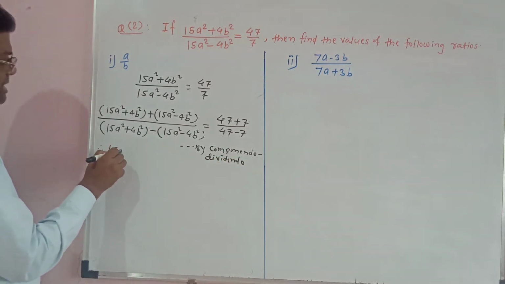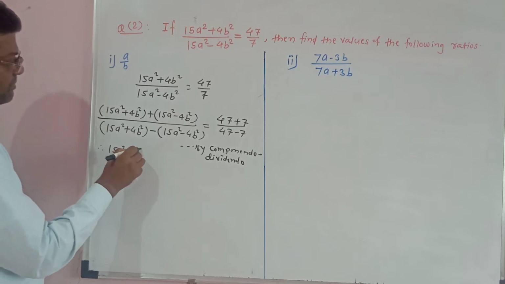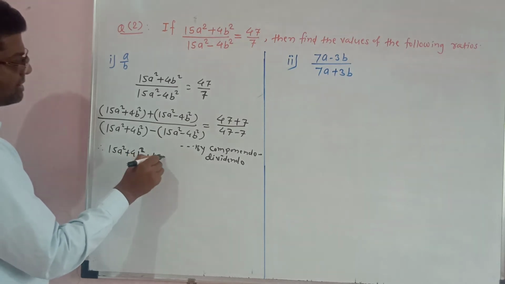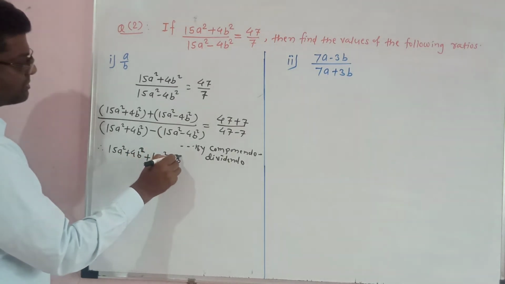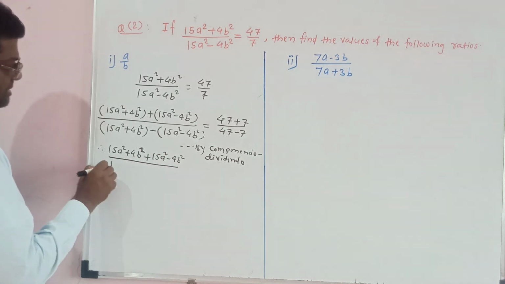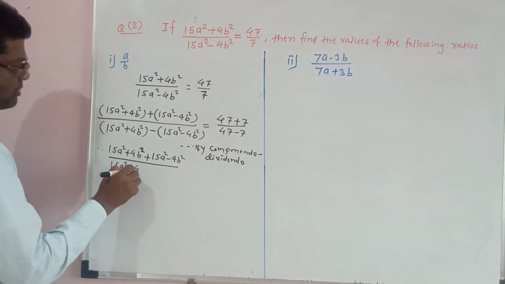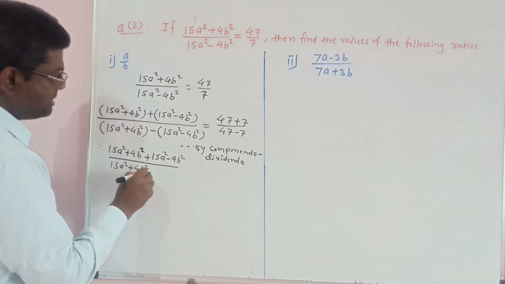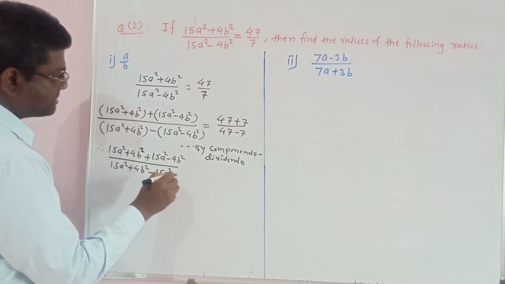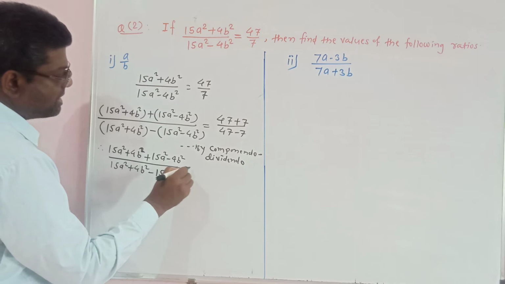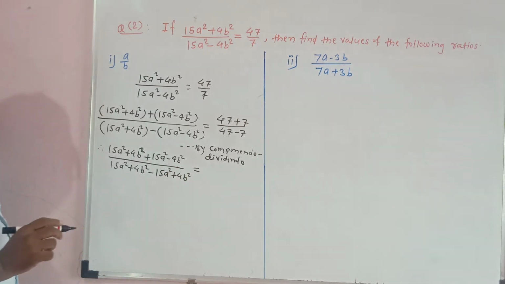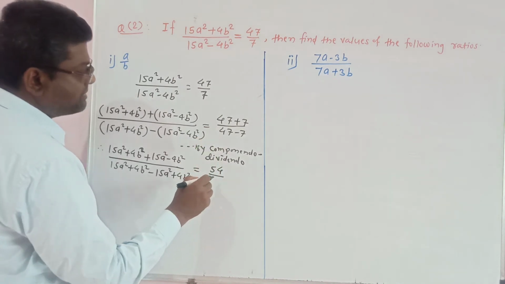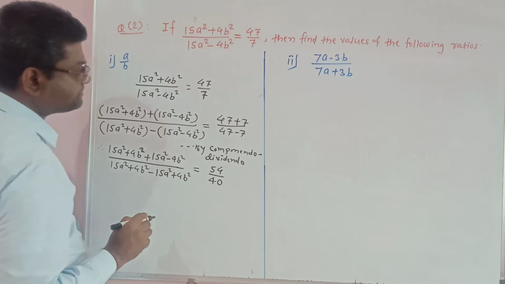Therefore 15a square plus 4b square plus 15a square minus 4b square divided by 15a square plus 4b square. Due to this minus sign, signs in the bracket will change, so it will be minus 15a square plus 4b square, is equal to 47 plus 7 is 54 upon 47 minus 7 is 40.